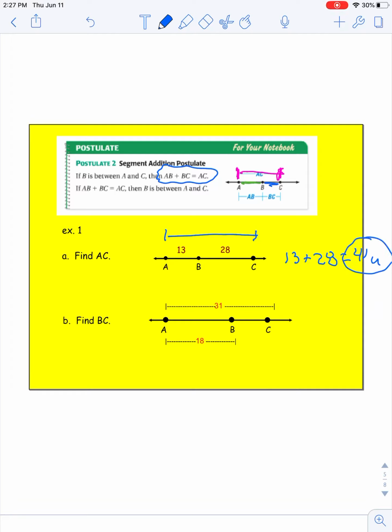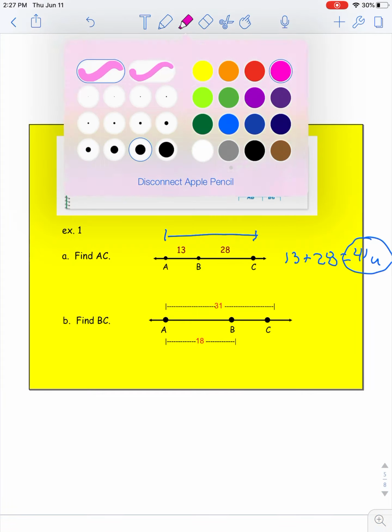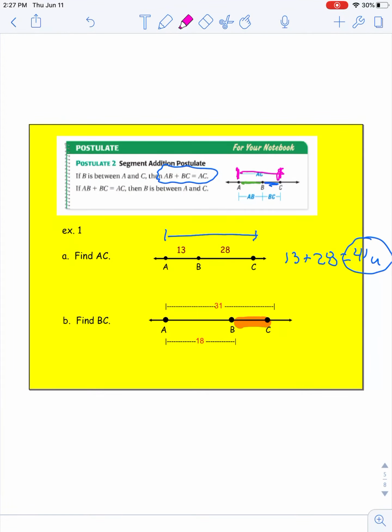Now in the second part, we want to find BC. So we want to find this piece right here. Well, the whole thing is 31, and this part of it is 18. So 18 plus BC has to equal our whole thing of 31.